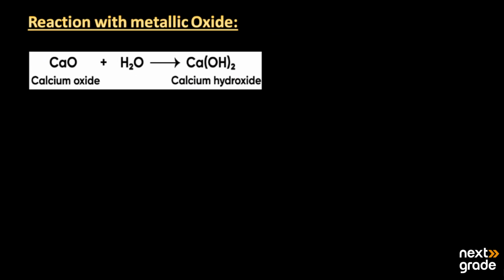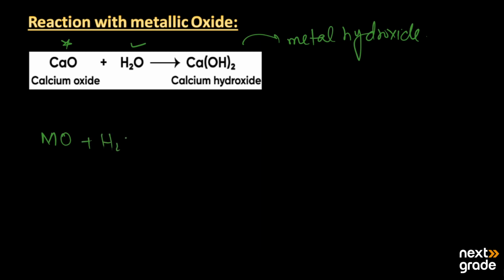When any metallic oxide reacts with water, it produces its respective hydroxide, also known as the metal hydroxide. Here we have a simple example. When any metal oxide reacts with the water molecule, it produces metallic hydroxide like this.